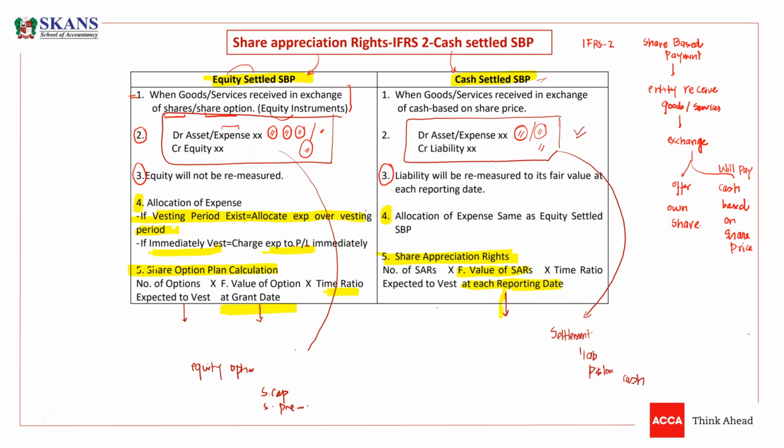Sometimes when we issue shares to them at vesting date after completion of condition period, we ask them some exercise price, means we ask them some cash. So if there is some cash, then obviously that will be debited again. So this is something that I just want you to learn right now.